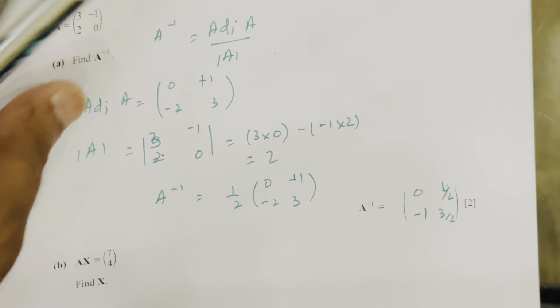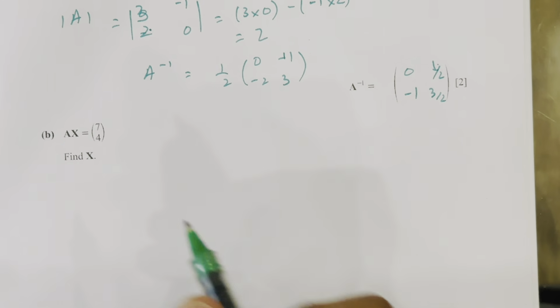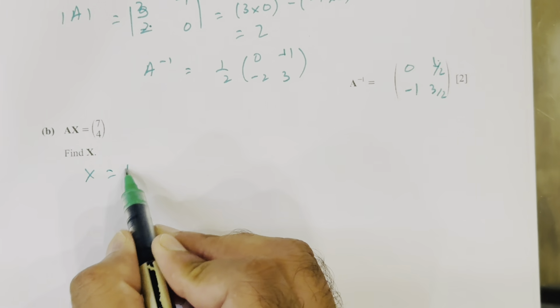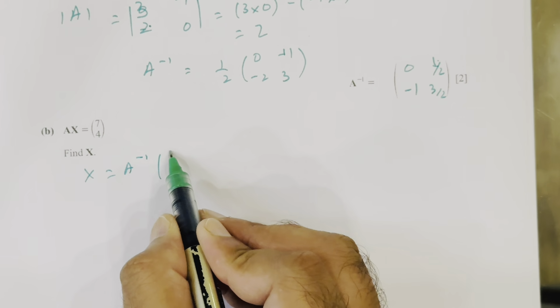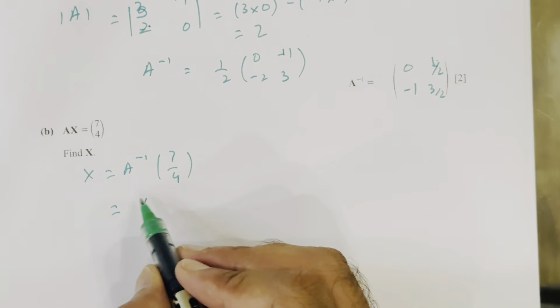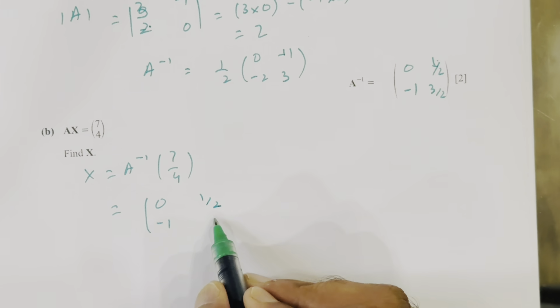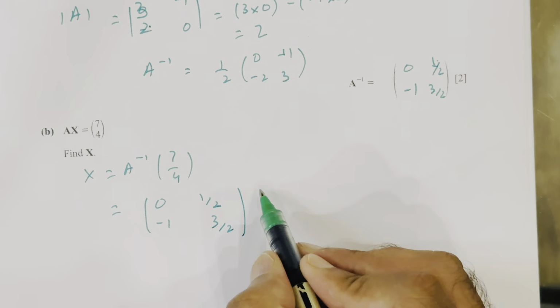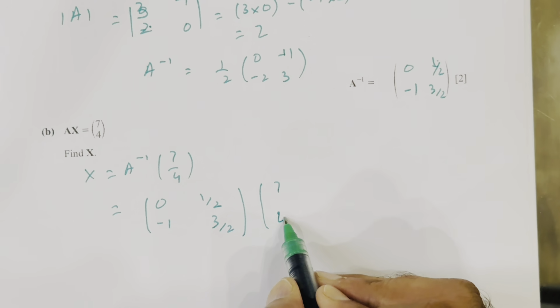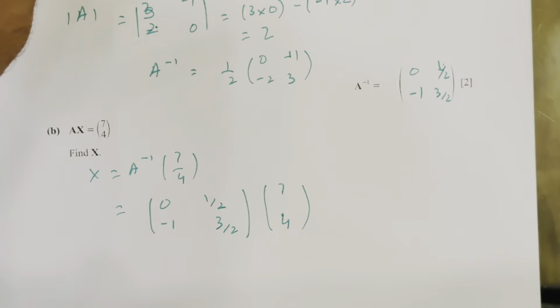Part B is Ax is equal to (7, 4). Find x. We know the x would be A inverse of (7, 4). We just calculated A inverse, that is equal to 0, minus 1, 1 by 2, 3 by 2, and (7, 4). Now you need to multiply these values.